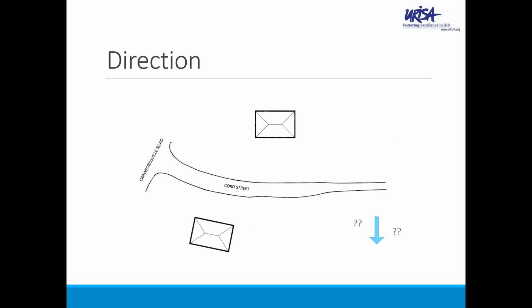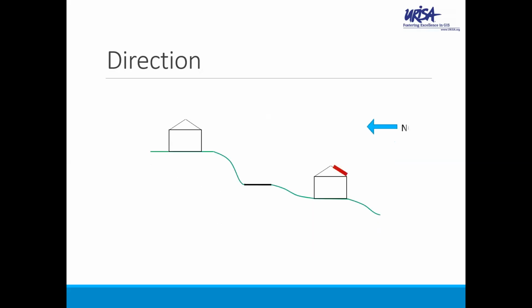Every map has to demonstrate how it's oriented relative to north. We normally think of north simply as being up, but some situations or some client requirements may require otherwise. North may be to the right or down or to the left. Just as important as orientation, though, are directional relationships.